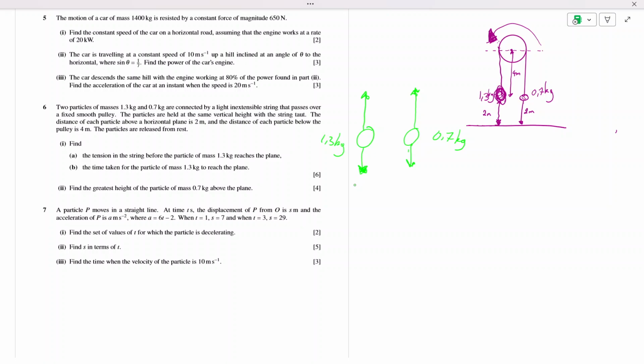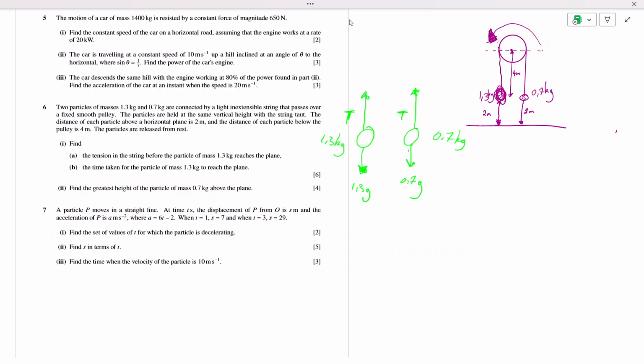So we're going to have the weight, which is mg, acting down. In this case, it's going to be 1.3g, and then the weight for the 0.7 kg, 0.7g. Then we're going to have the tension acting up, right? Which is going to be the same tension acting up on this particle.